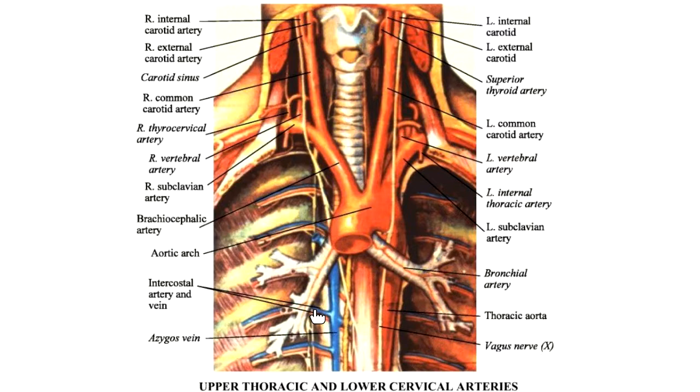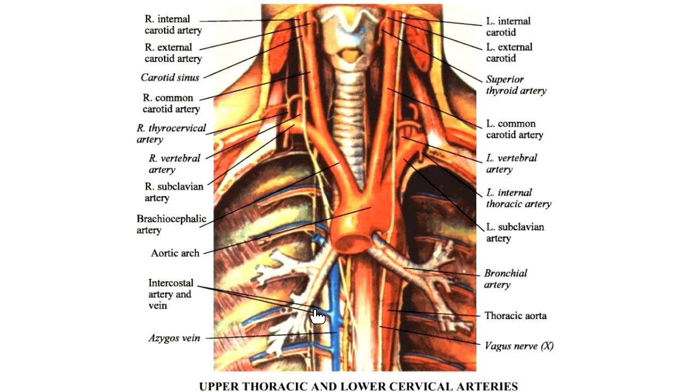Now, the two vertebral arteries, the right vertebral artery and the left vertebral artery: for me, 5A is the right vertebral artery and 8 is the left vertebral artery. I want you just to give yourself a quick note about those. The vertebrals are the first superior branch off of the subclavians.